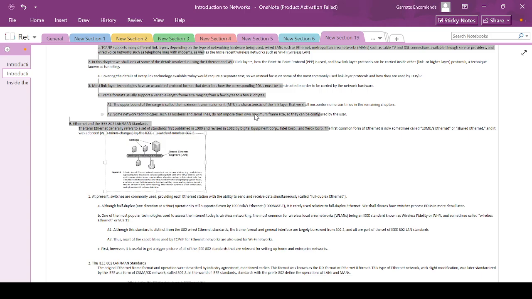Most link layer technologies have an associated protocol format that describes how the corresponding PDUs must be constructed in order to be carried by the network hardware.